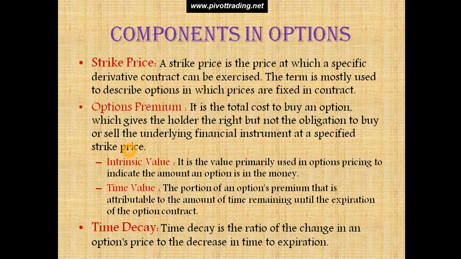When I say I want to buy an option, or I want to get into a contract with Mr. X for selling 100 shares of Reliance at 1000 rupees after 10 days, I need to get into an agreement with Mr. X. And as I told you before, to build confidence and get into the agreement, you pay some kind of token, some assurance money, or some kind of premium to Mr. X. So this amount which you are paying to Mr. X to get him into confidence, to get into an agreement, is called the options premium.